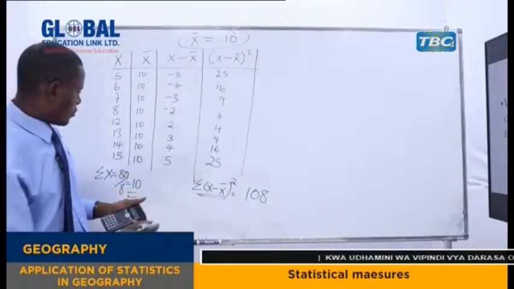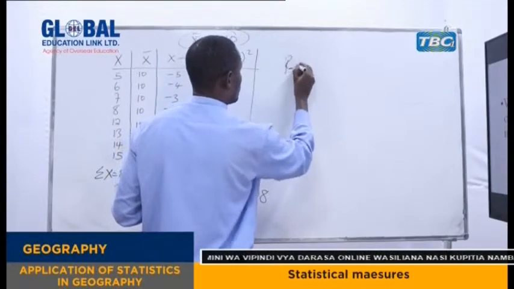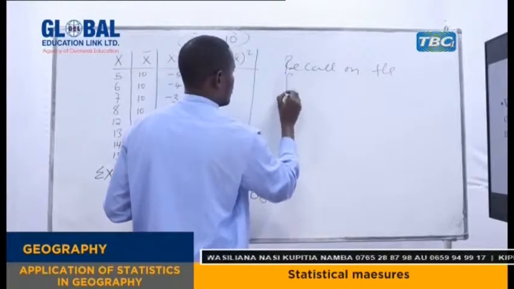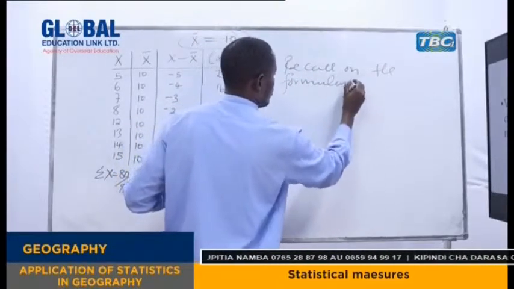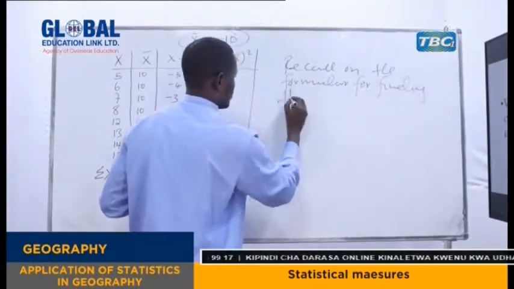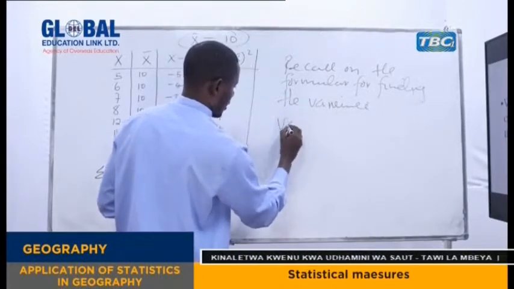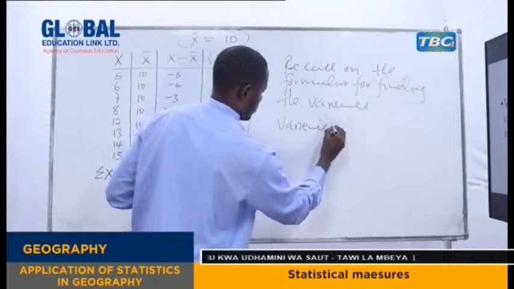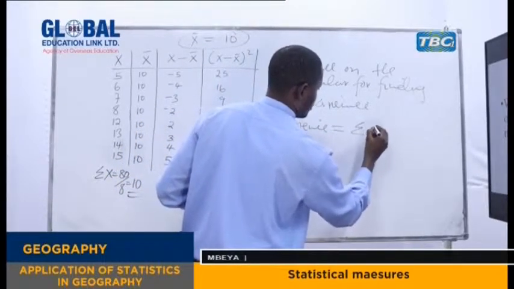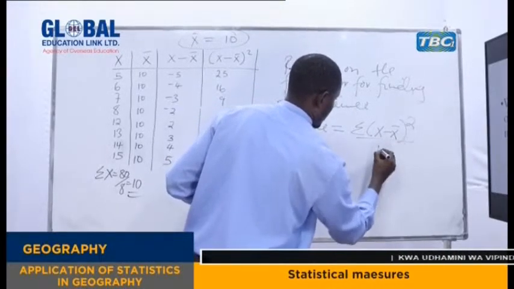Let's recall the formula for finding the variance. The variance is equal to the summation of (x minus x bar) squared, divided by n.